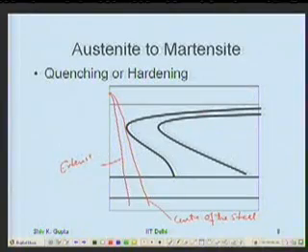So the interior must also cool rapidly enough not to cross the nose of the C curve. If it crosses the nose of the C curve, then the interior forms pearlite and the exterior surface forms martensite. Second thing is, at any given time, let us say I talk about this time.